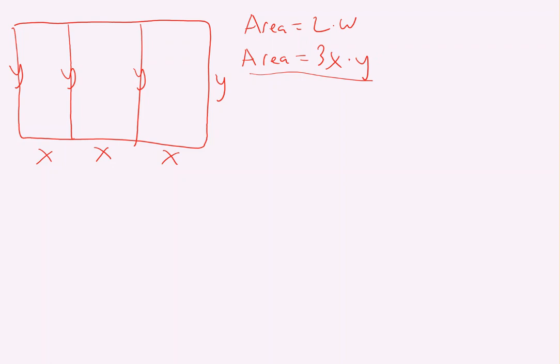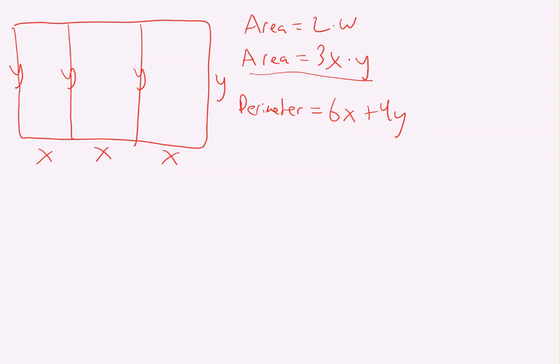So this is where the 600 feet of fencing comes into play. So I can also think of the perimeter, which is like the distance around a figure. So I have an x, x, x, y, x, x, x, y, but then also another y here and another y here. So in total, that was 6 x's and 4 y's.